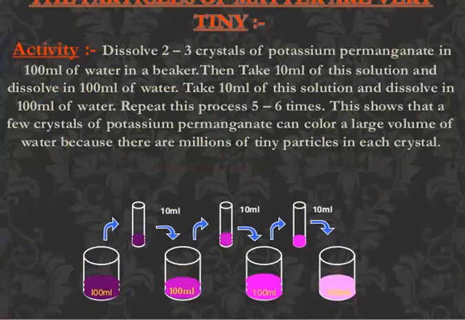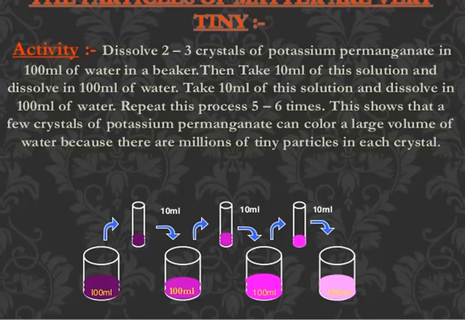For example, dissolve 2 to 3 crystals of potassium permanganate in 100 ml of water in a beaker. Then take 10 ml of this solution and dissolve it in 100 ml of water. Take 10 ml of this solution and dissolve in 100 ml of water.